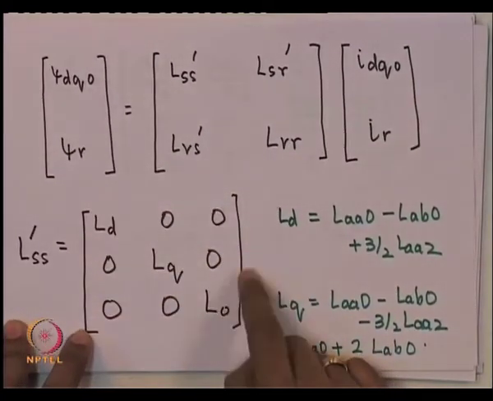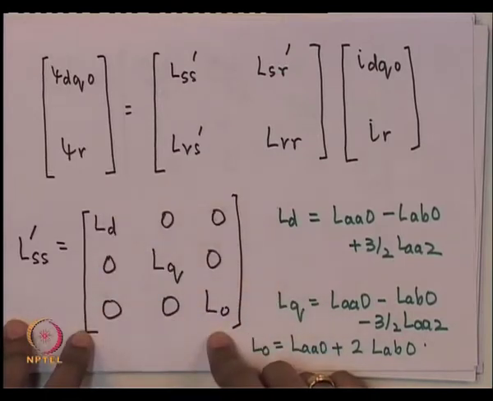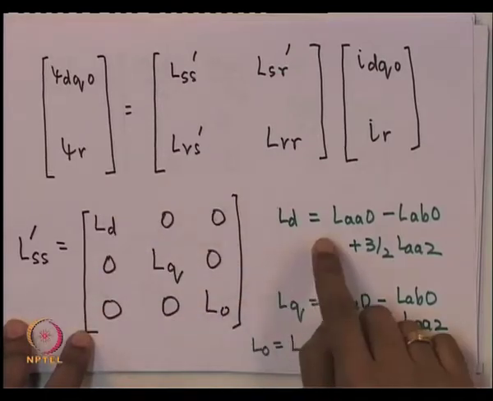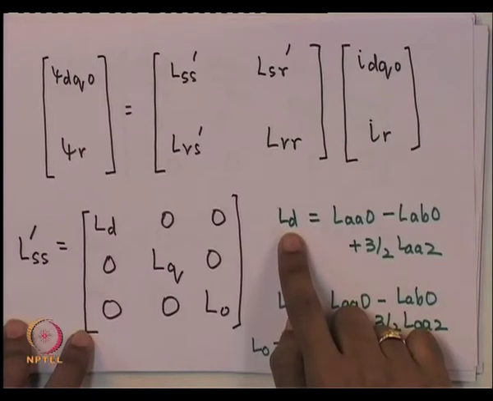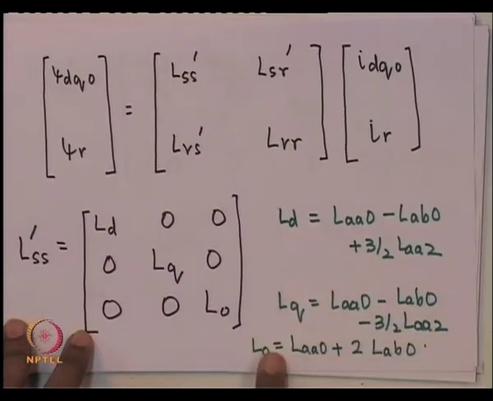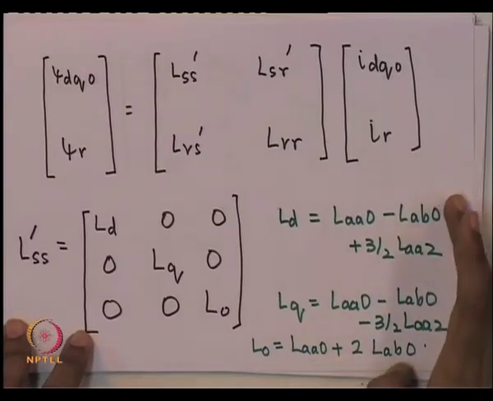That is an interesting thing, where LD, LQ and L0 are not functions of theta. So, that is the basic beauty of this transformation: the flux current relationships in the dq0 variables are in fact independent of theta.